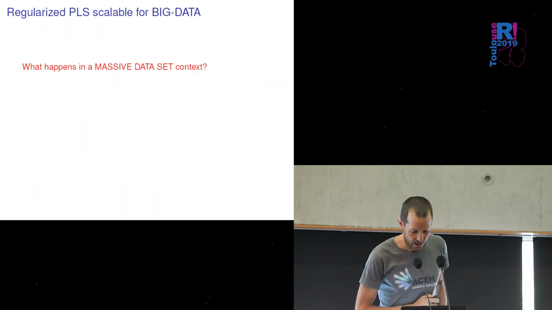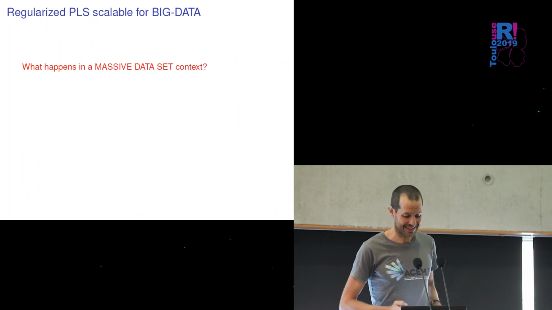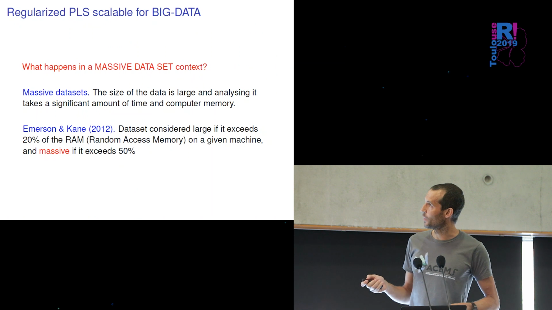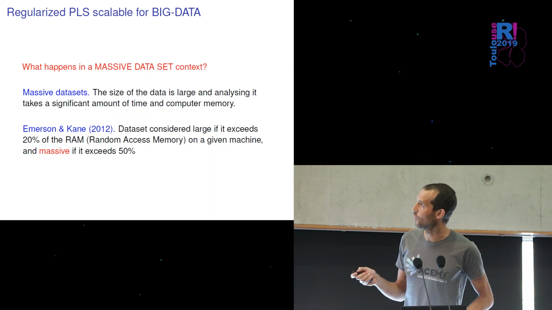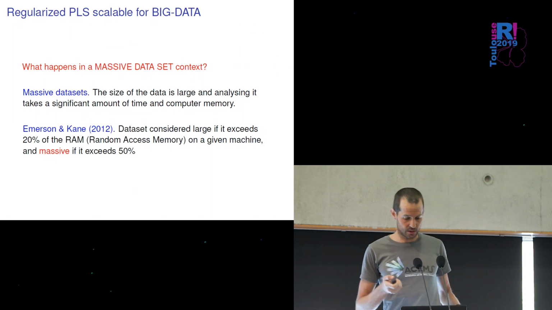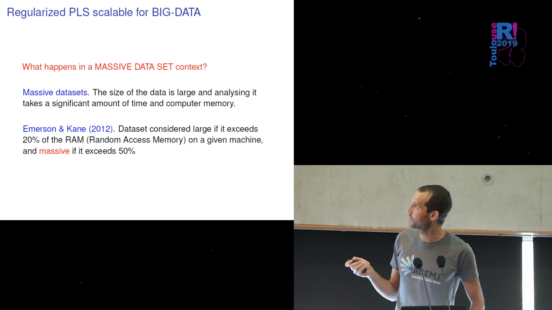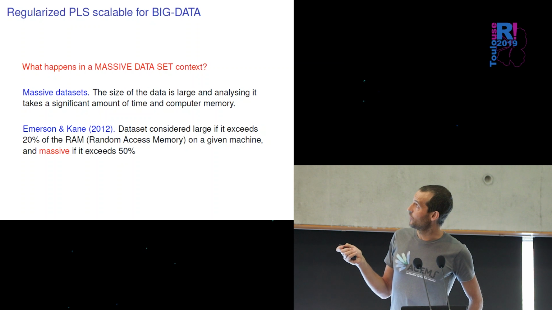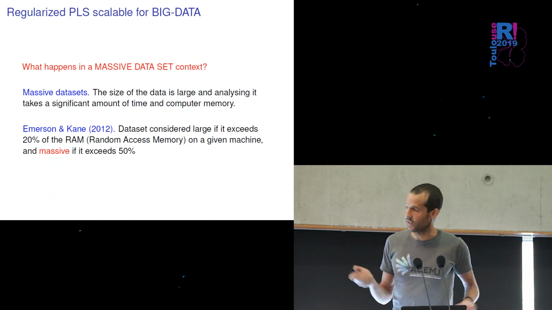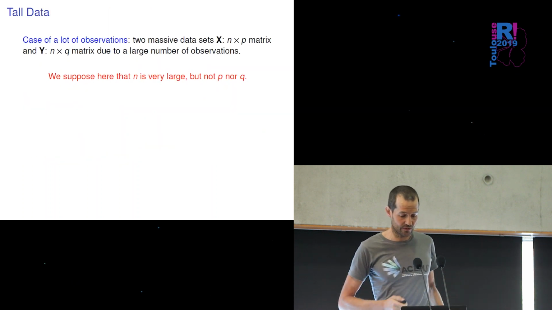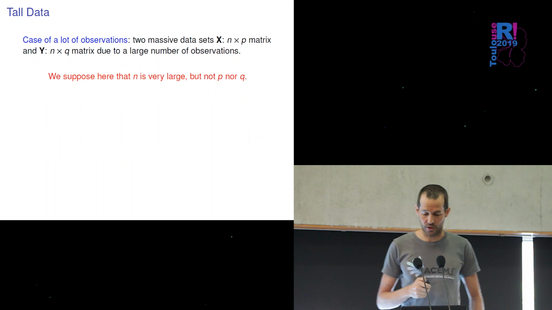Now, what is going on in the massive dataset context? I remind you of a nice definition from Emerson and Kane, which characterizes a massive dataset: a dataset is large if it exceeds 20% of the RAM, and massive if it exceeds 50% of the RAM. So what is going on with tall data in the PLS world?